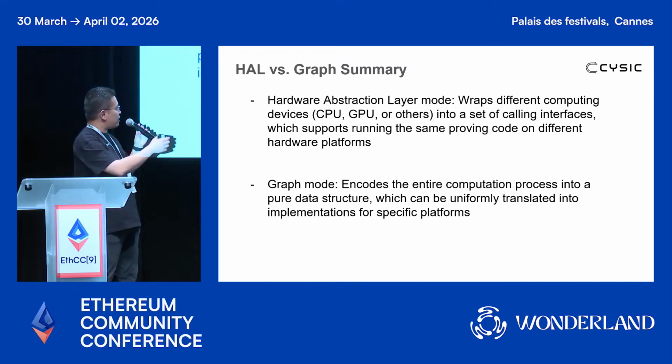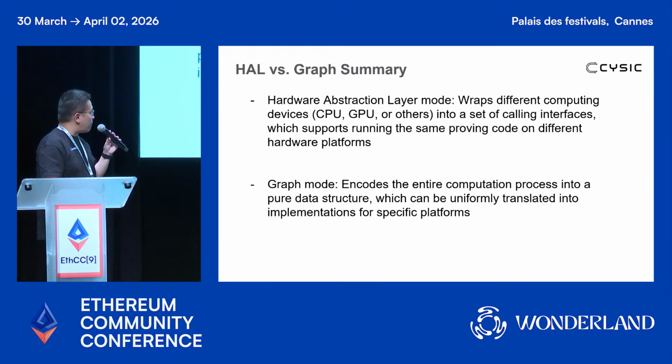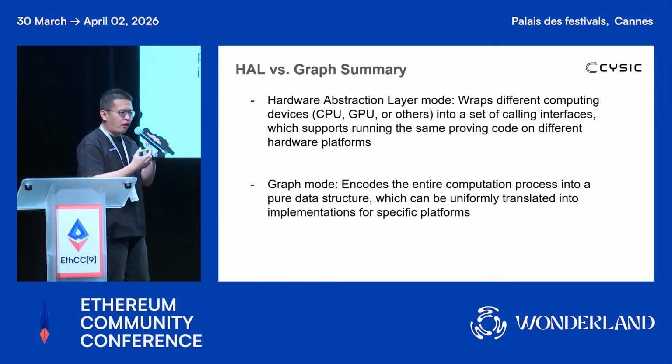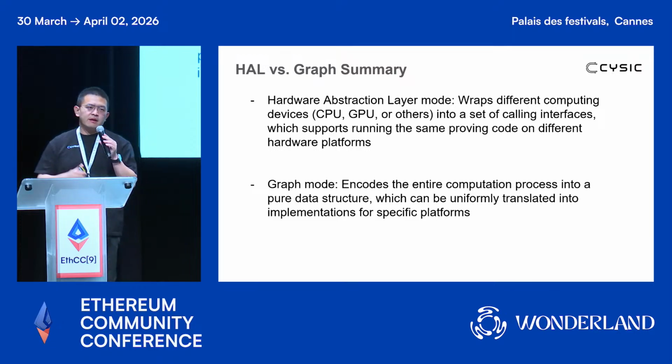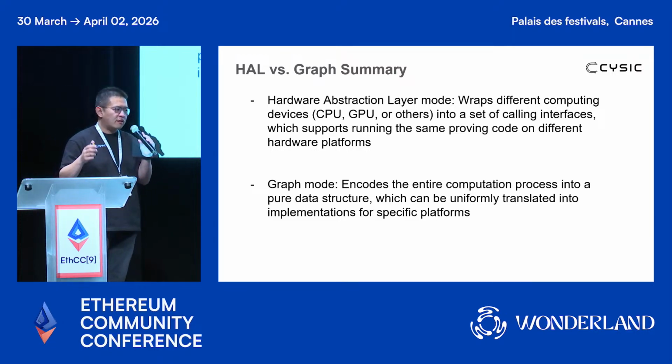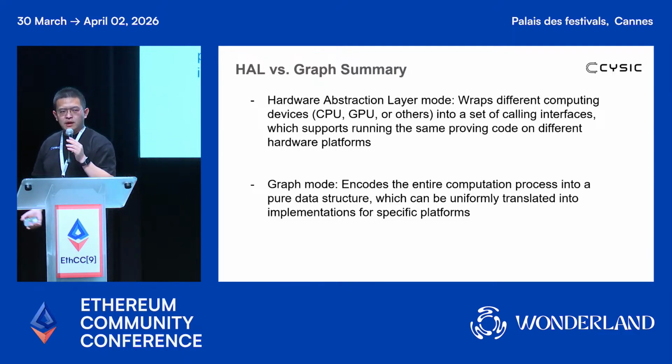We can say right now the AI community usually adopts the second approach since it fits the GPU architecture more. But the ZK community started from Halo2 or Gnark, which is pure CPU execution.